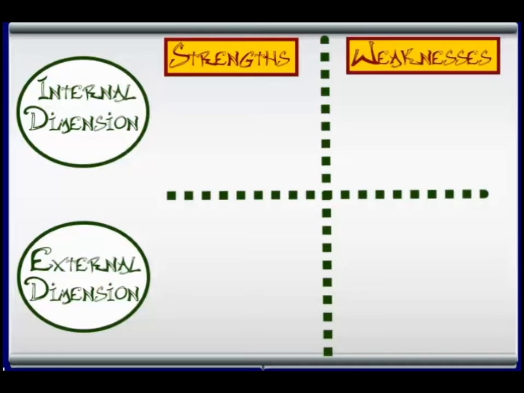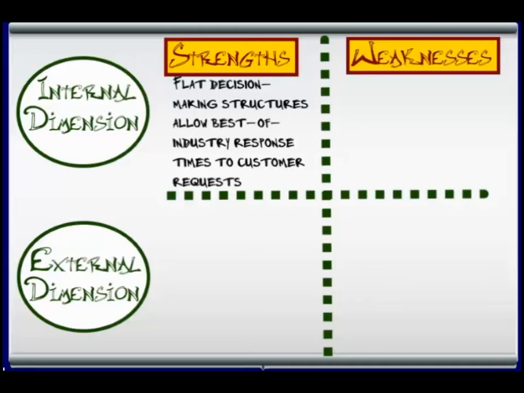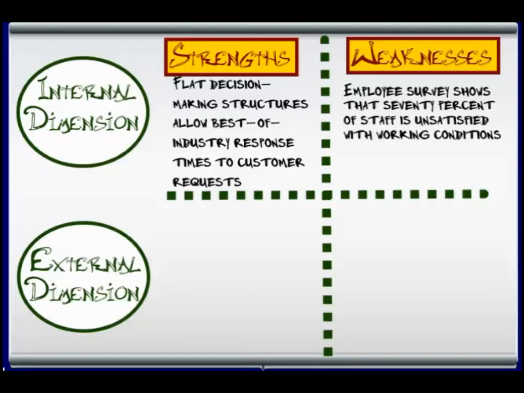An example for a company's strength might be flat decision-making structures, which allow best-of-industry response times to consumer requests. A weakness, on the other hand, could be an employee survey that shows that 70% of the staff is dissatisfied with working conditions.